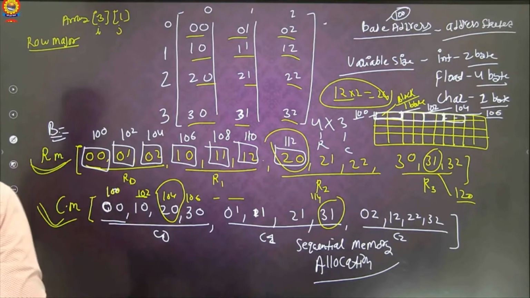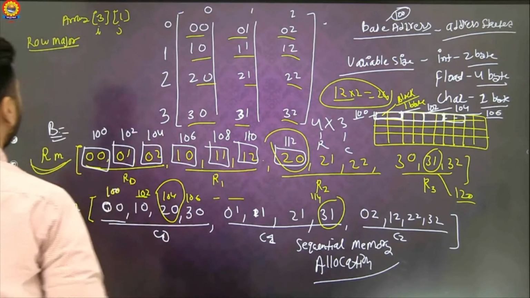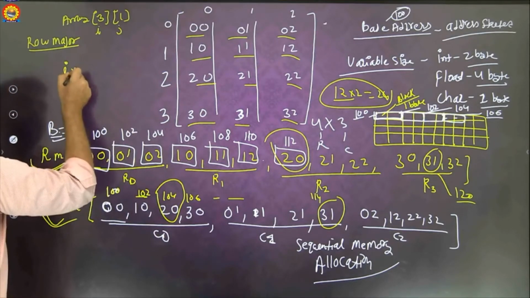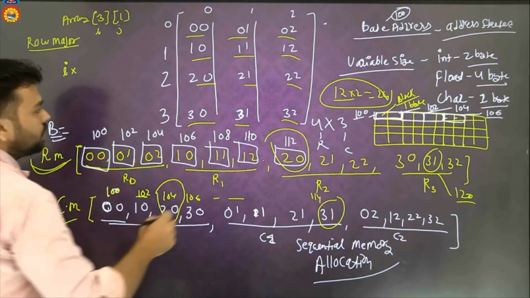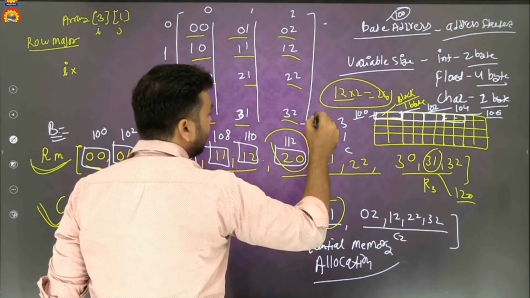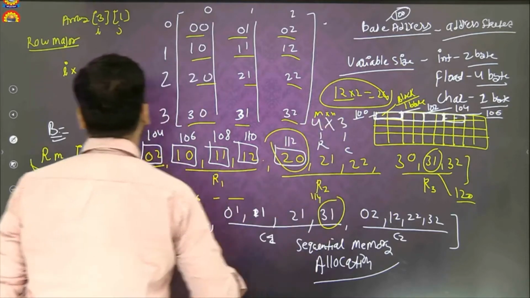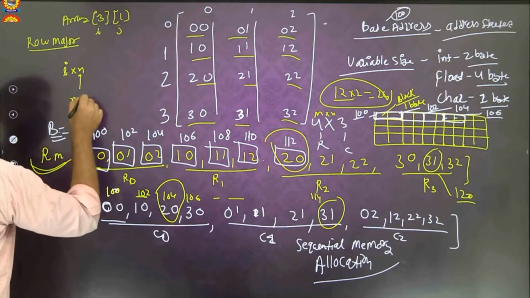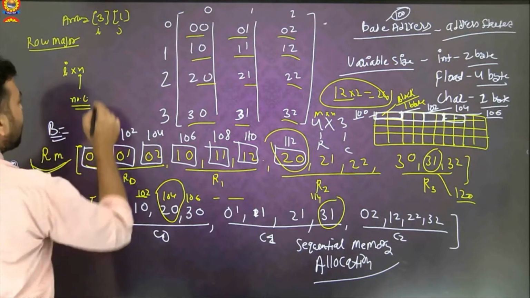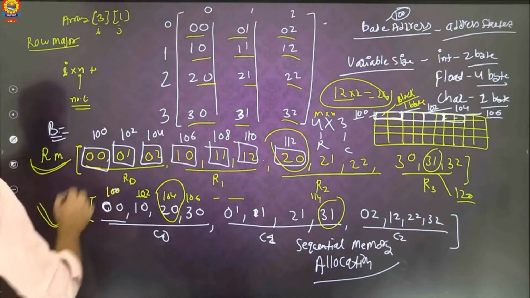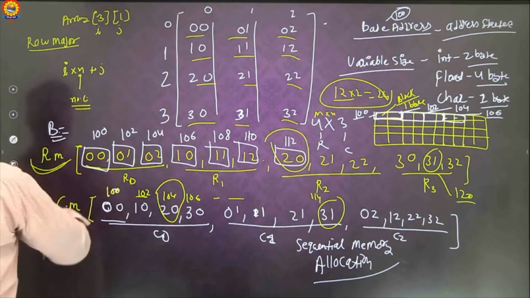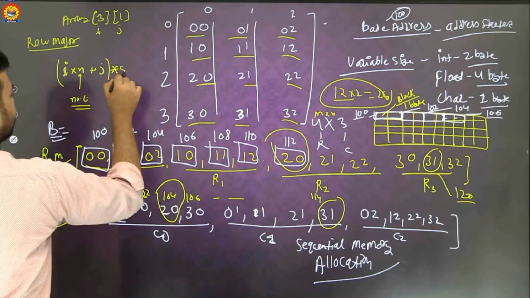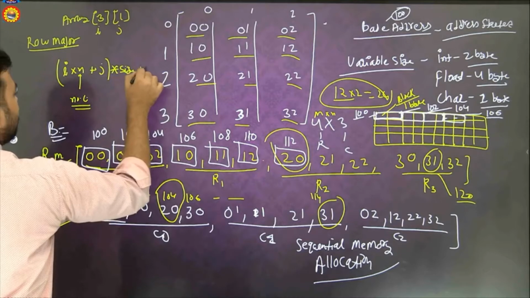So in the case of row measure, there is i into, suppose this matrix is 4 into 3, I say m into n, into n. What is n? Number of columns. Plus j, multiplied with the variable size, plus the base address.